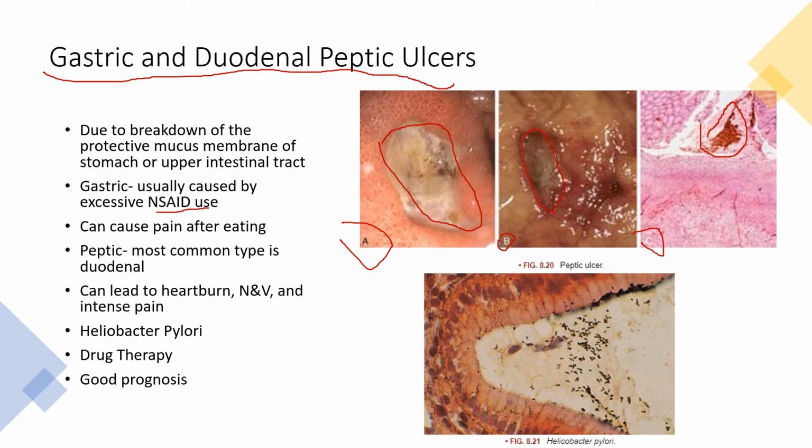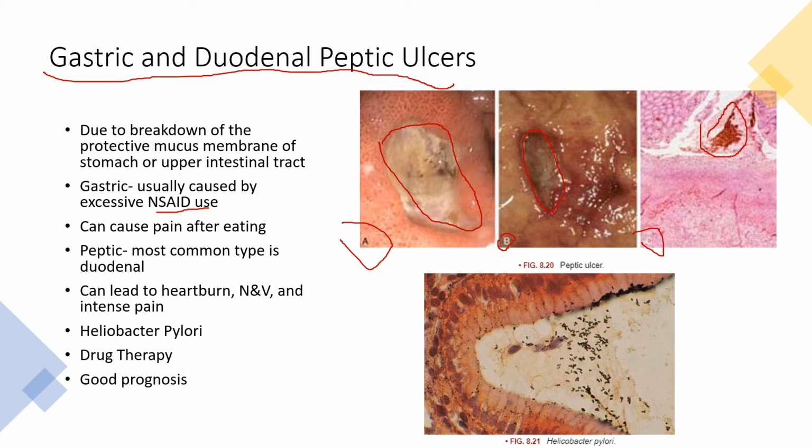About 2/3 of the duodenal ulcers and about 1/3 of the gastric ulcers can actually cause pain during the night that is so intense it actually wakes the patient up from their sleep.